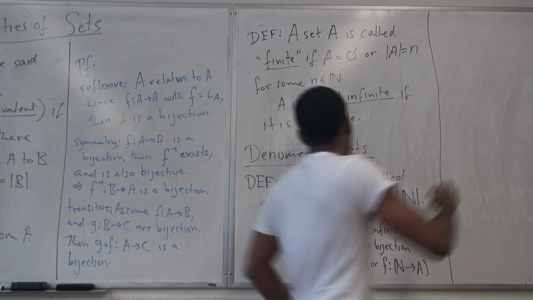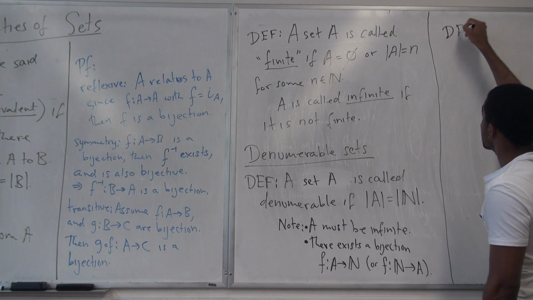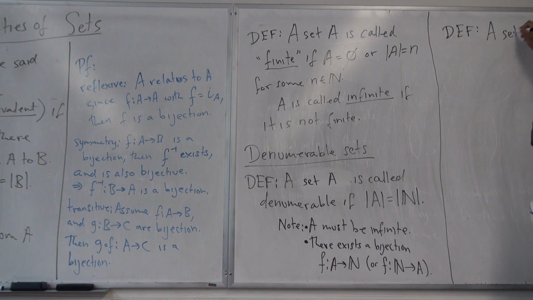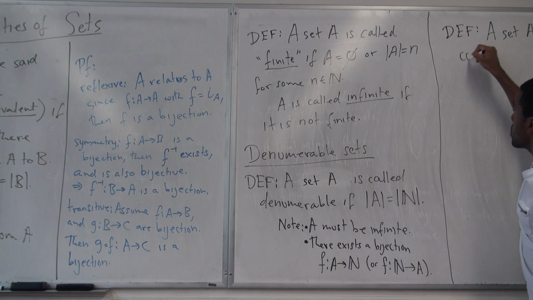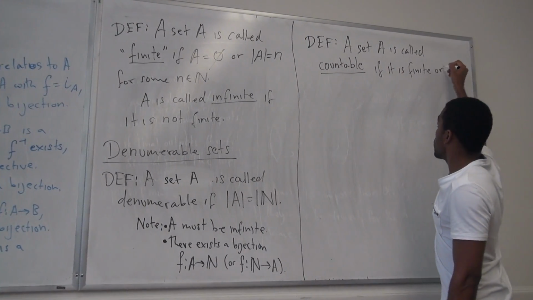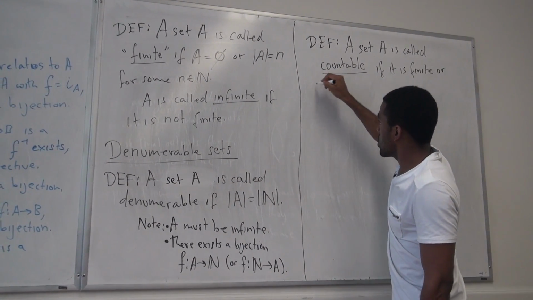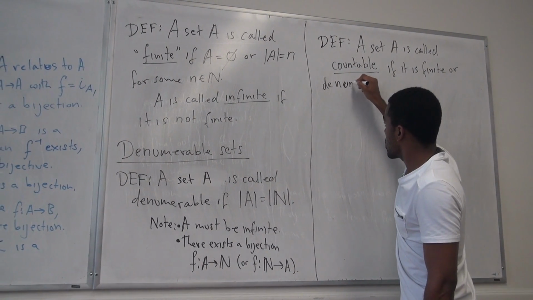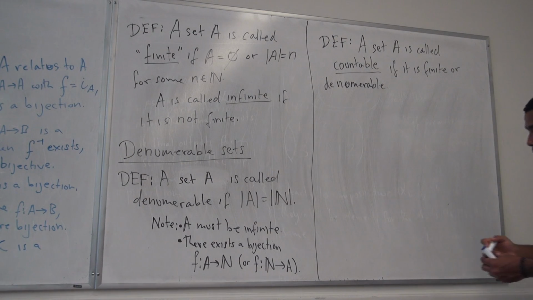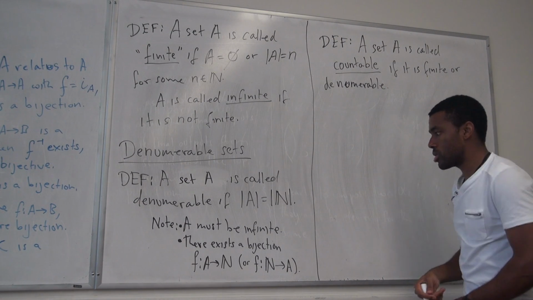And now to define a new terminology that I heard someone mention, the set A is called countable if it is either finite or denumerable. So every finite set is countable. Also, every denumerable set we'll call countable.